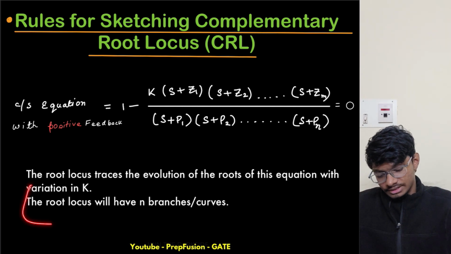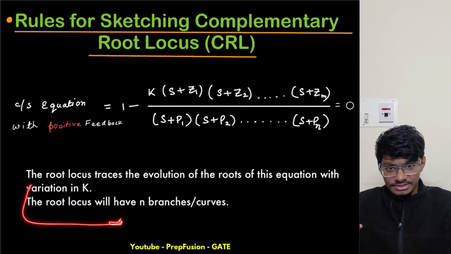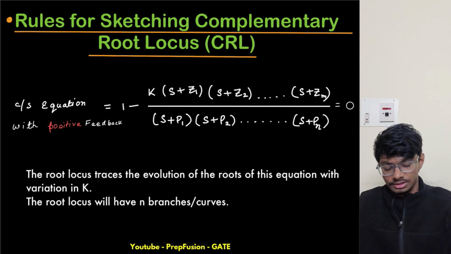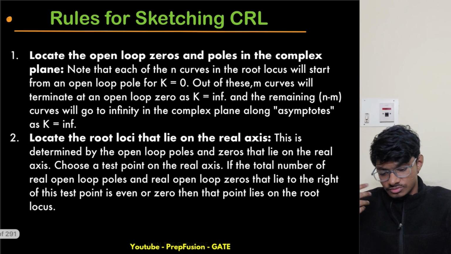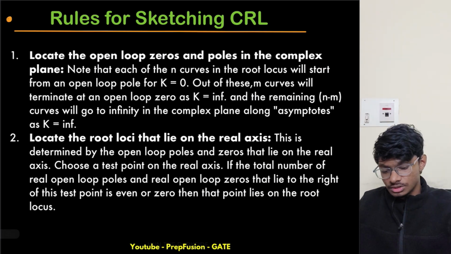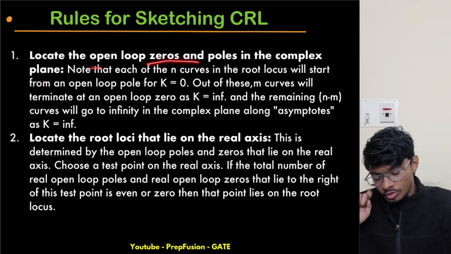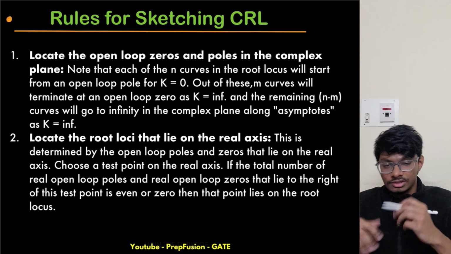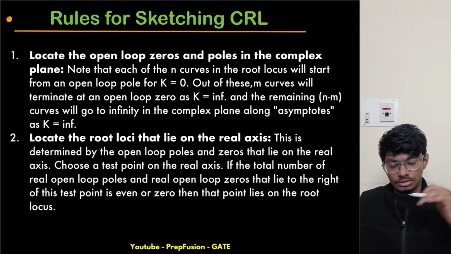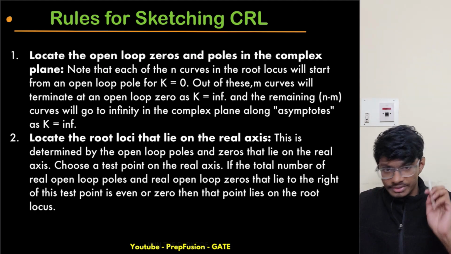We already know that it will have n branches, because it has n roots, and the others will be asymptotes, basically virtual zeros. But what will be different here? We have to locate the open loop zeros and poles, and they will start from poles and terminate at zeros. This will still remain the same. This won't change.